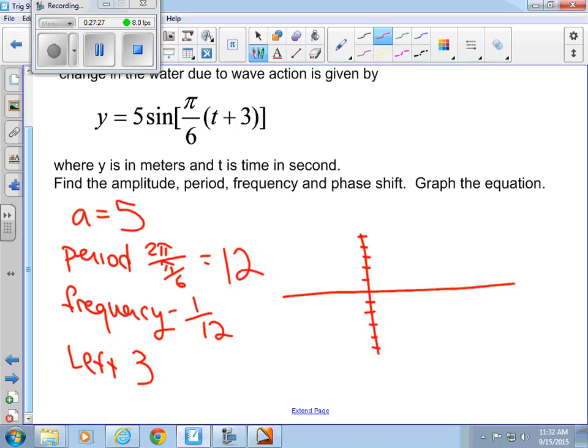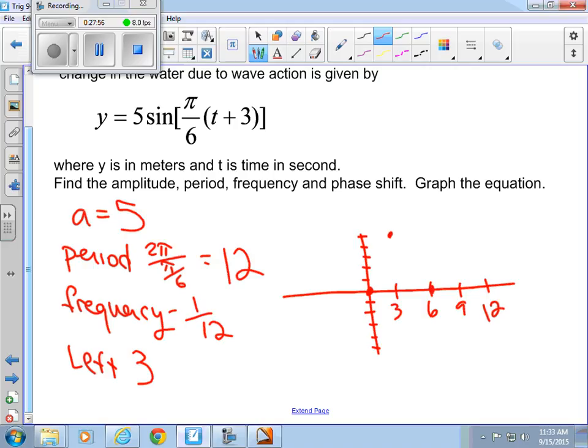So I'm counting by 3s on my axis. The amplitude is 5. Didn't tell me how much to graph, so one period is good. Graph more if I need to.